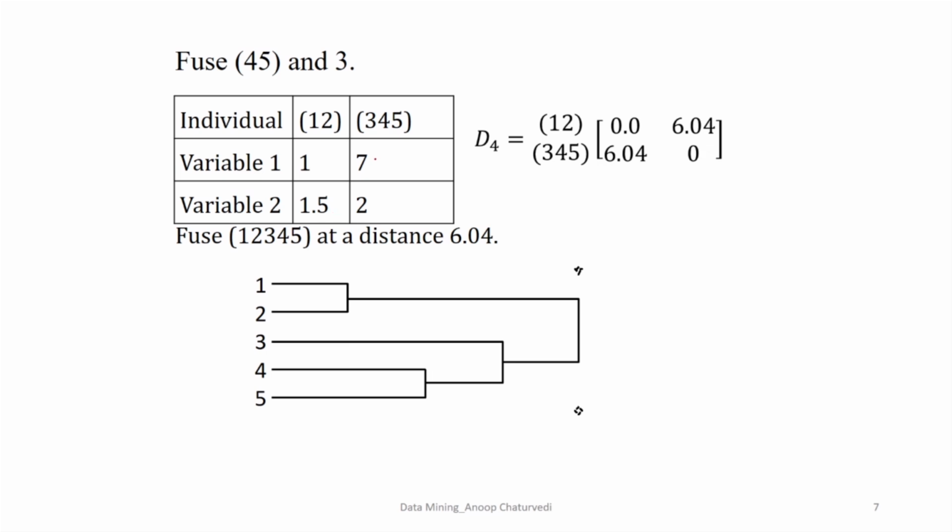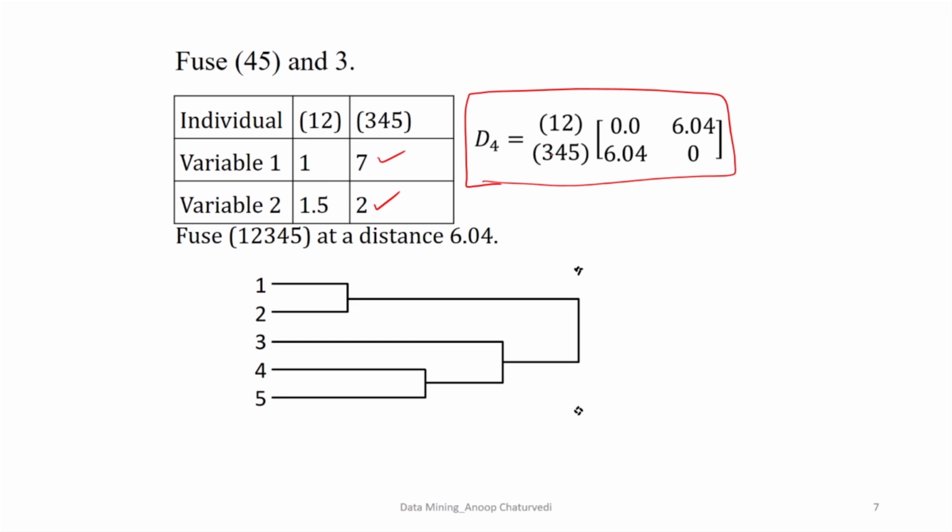Say this 7 is the mean of values of variable 1 for 3, 4 and 5. Similarly, you get this 2 also. Again we calculate the distance matrix, this, and then at the distance 6.04 we merge these two clusters.